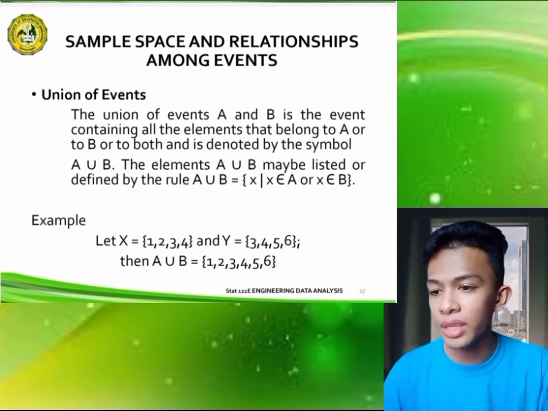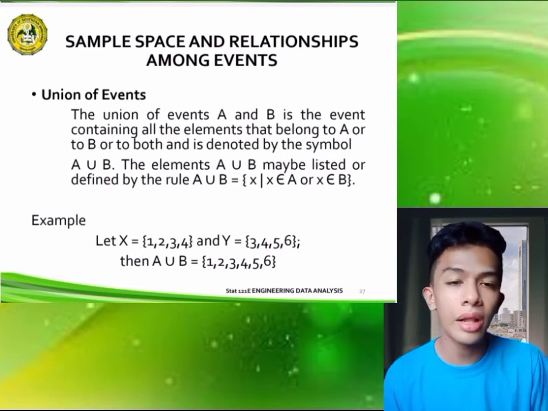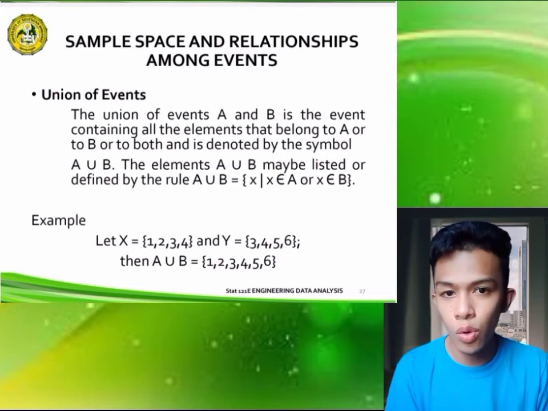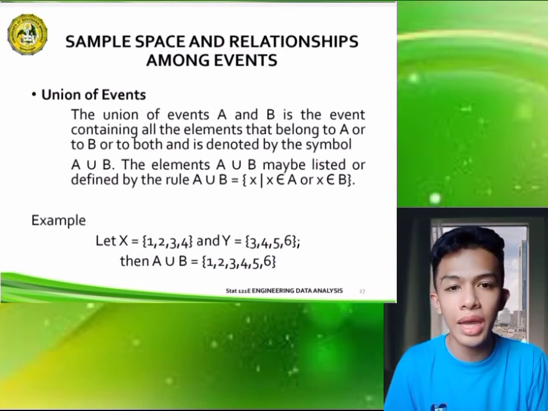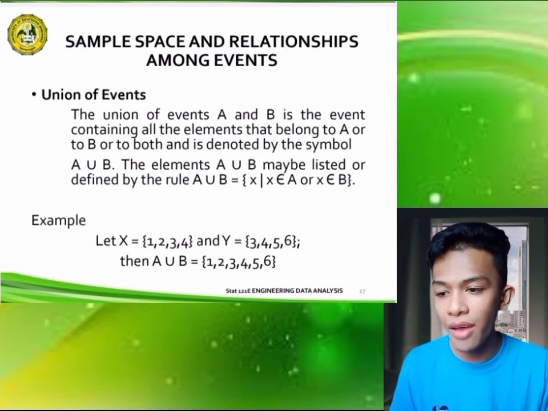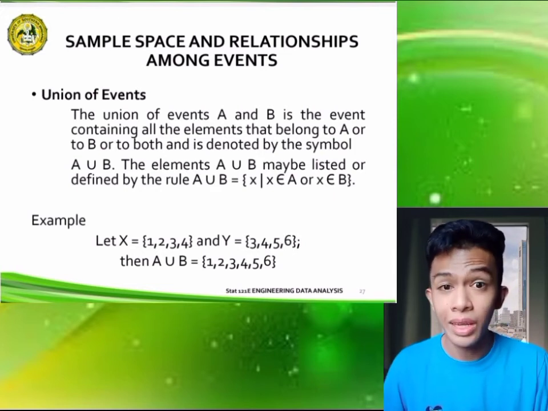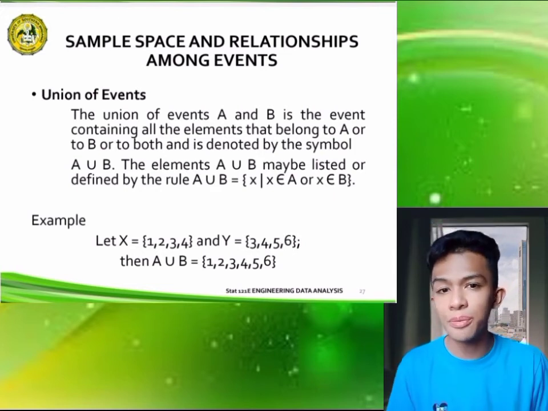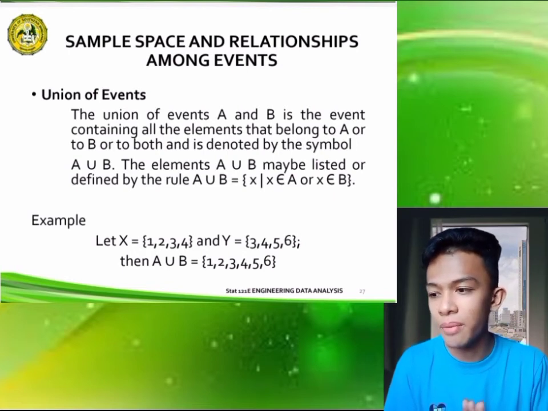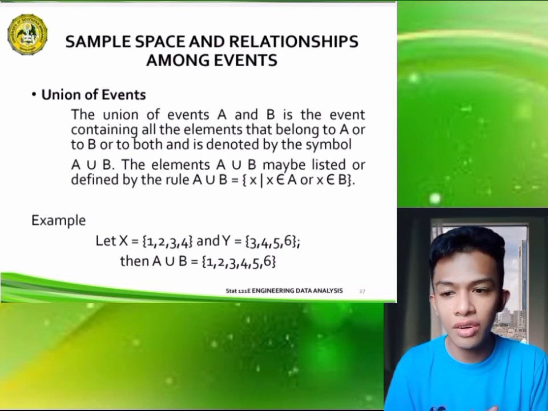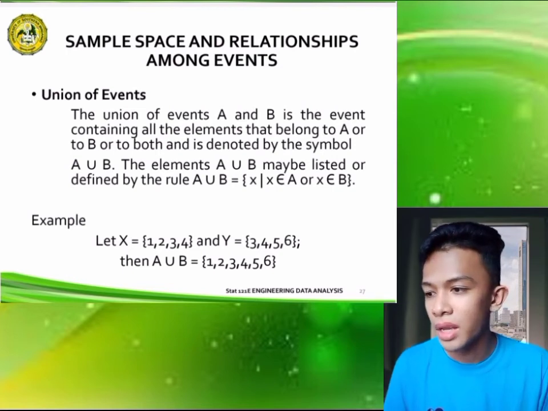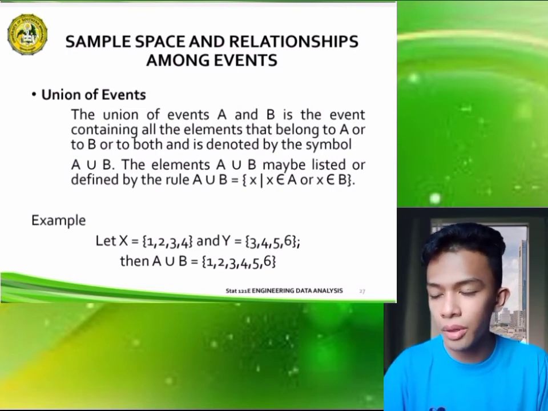So A union B. For example, we have the letters A, E, I, O, U for A, and B, C, D, E, F for B. When we combine them, we get A, B, C, D, E, F, I, O, and U. Union of events, combined. Like the combined force of the civil engineering sections, A and B or C and B. Very, very simple.